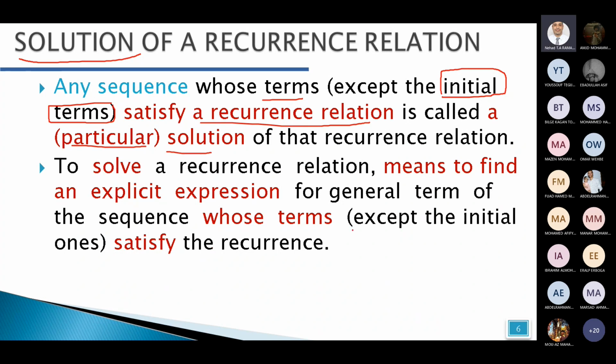So to solve a recurrence relation means to find an explicit, meaning a clear, expression for the general term. What's the meaning of the general term? It means term n. If you could find an explicit expression for general term n, then you can say, instead of n, 100, term 200, and so on.